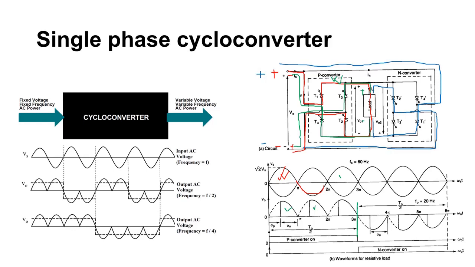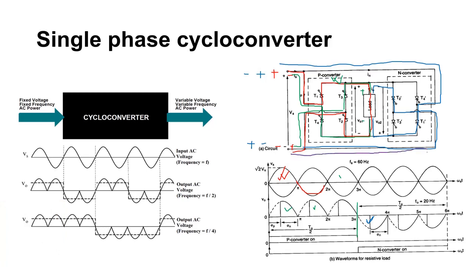So your output is now negative, so your output is this part. And when the polarity changes, positive and negative here, during that time your current flow is like this.